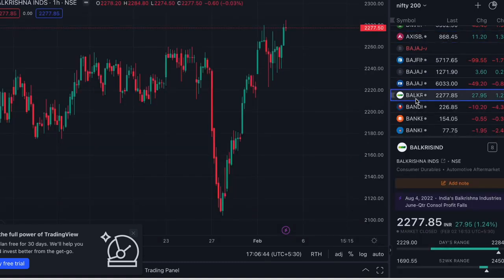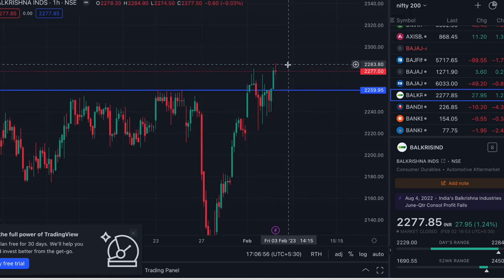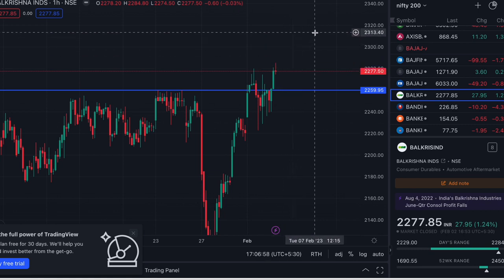Coming to this stock, Balkrishna Industries, same thing. It has just crossed it. We are not sure as of now whether it's a level break or not. We have to see now. If it sustains above this particular level, there will be a level break.